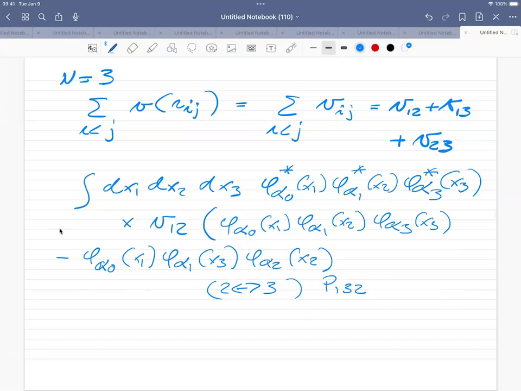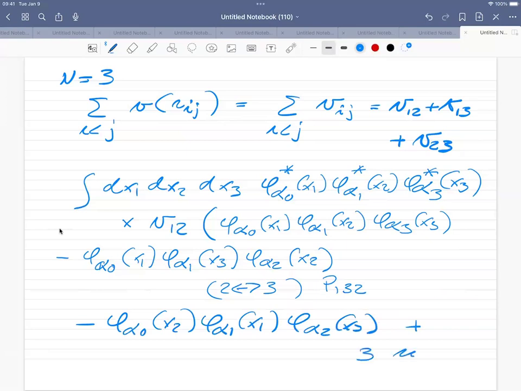So there's going to be a term now where we have, when we write out, so there are 4 more terms when we look at the permutations, and I'm going to get a phi alpha 0 of an x2. There's going to be a phi alpha 1 of x1, and there's going to be a phi alpha 2 of x3. And then we have 3 more terms, plus 3 more.